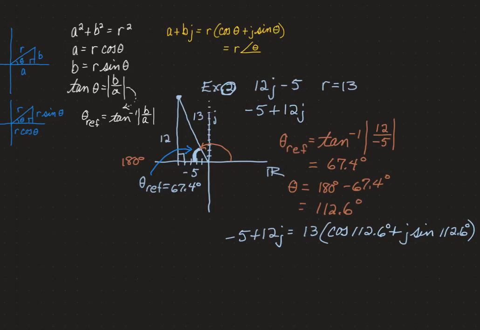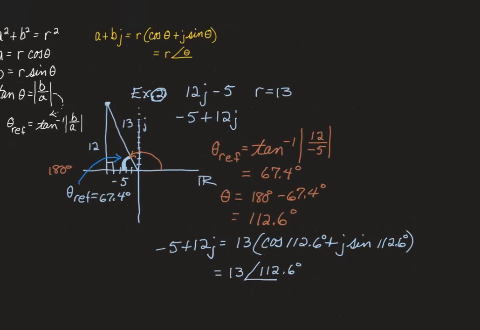And we could further express that as 13 big angle sine 112.6 degrees. Which form you use depends upon the application for which you are using it, or which one your professor tells you to use. So let's work in the other direction now.